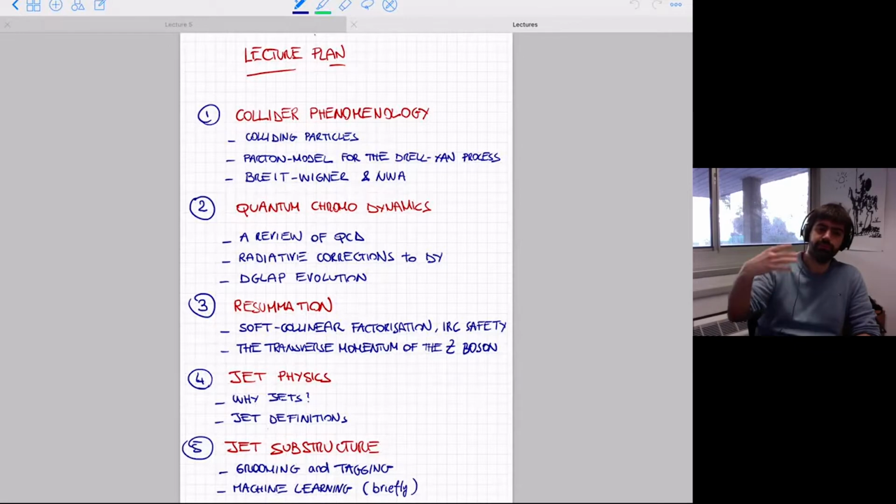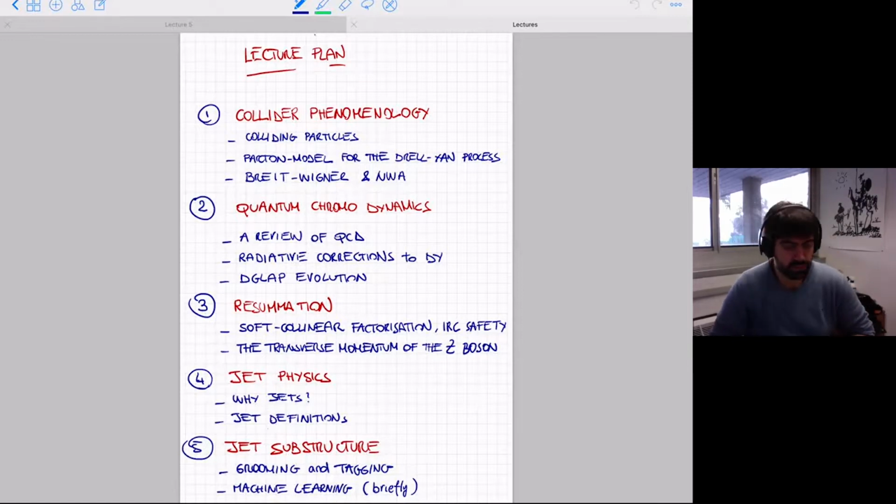UV singularities can be dealt with by the renormalization of the Lagrangian parameters, and then we found these initial state collinear singularities that we can absorb into a redefinition of the particle densities, and this led to this famous set of equations, which are known as the DGLAP equations.